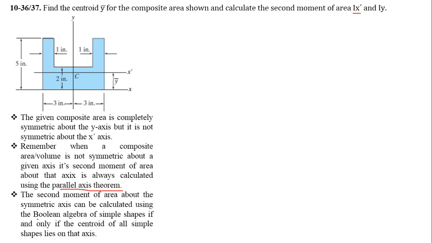So we can avoid using the parallel axis theorem, and we can use Boolean algebra of the constituent shapes, the simpler shapes that make up this total area, to calculate the second moment of area about the vertical axis. But you have to make sure that the centroid of all those constituent areas lies on the y-axis, on the vertical axis.